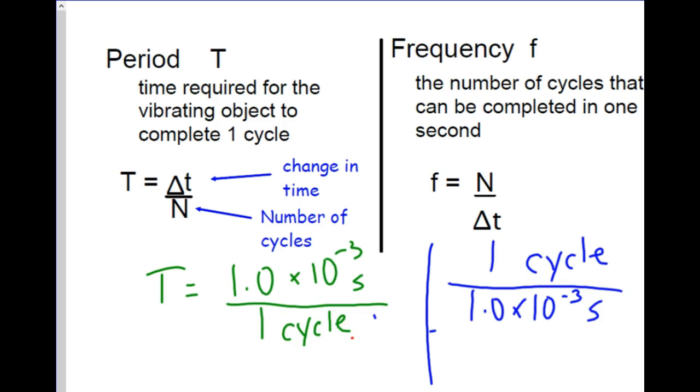You need to reduce that so that it is a number over 1. One divided by 1.0 times 10 to the negative 3 is 1.0 times 10 to the positive 3 cycles per second.